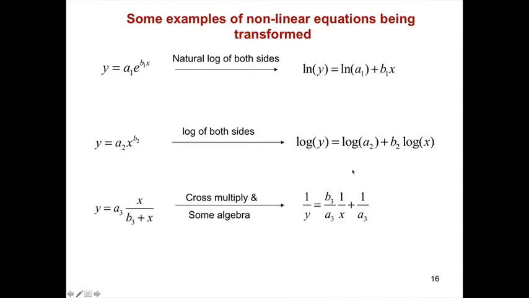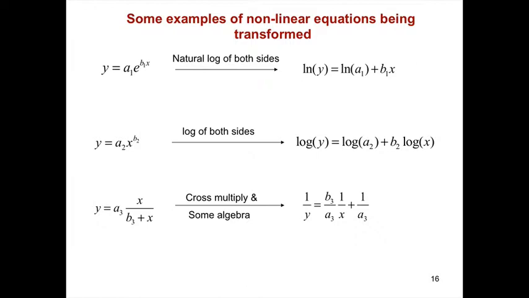My intercept, what I called A0, is log of A2. So I can find what A2 is. And my slope, A1, is now B2. So B2 is equal to A1, right?